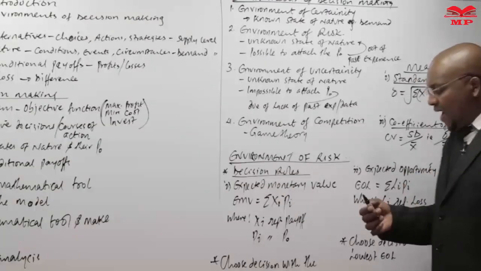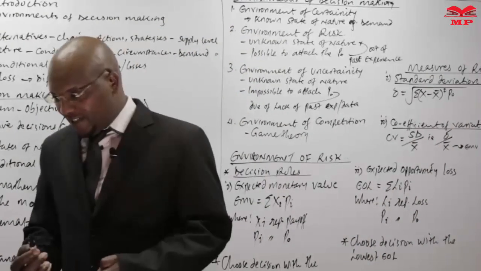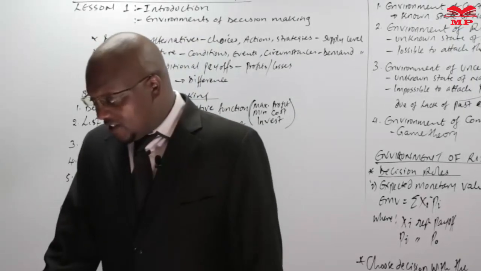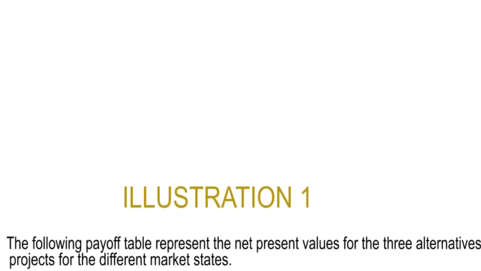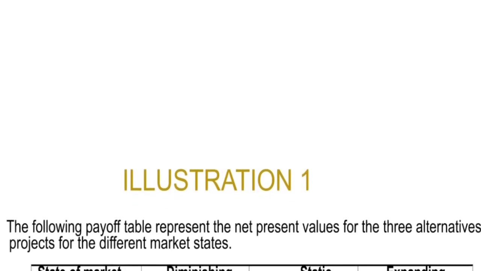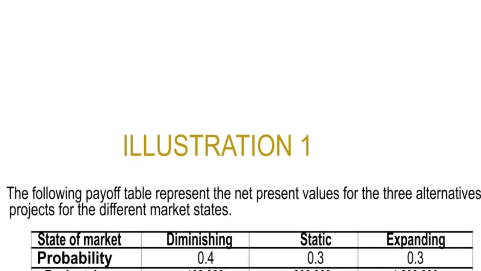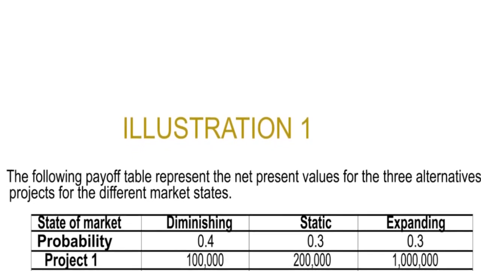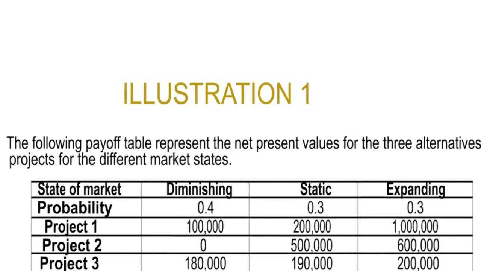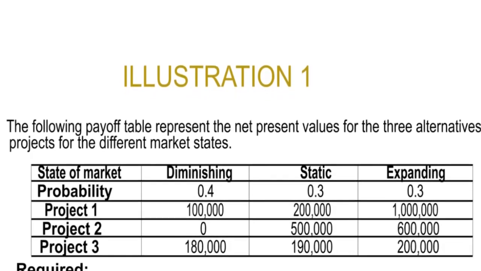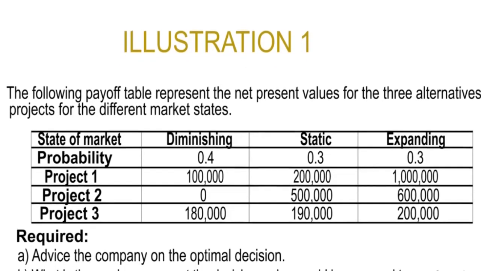So we need an illustration for us to understand all these concepts. The illustration reads that the following payoff table represents the net present values for the 3 alternatives of a project for the different market states. We have the state of market: diminishing, static, expanding, with probabilities 0.4 for diminishing, 0.3 static, and 0.3 expanding.